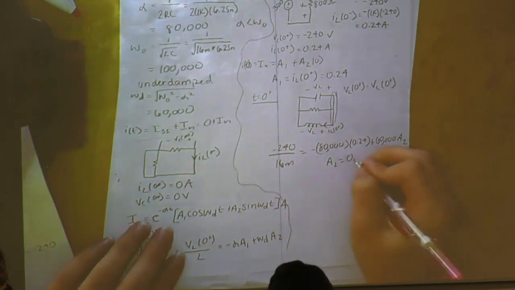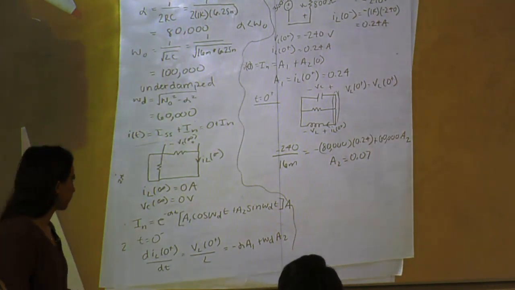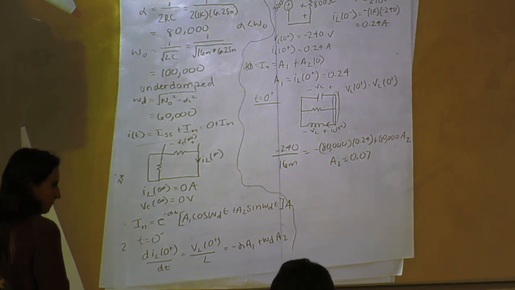I have a question again. I don't know if I made this being silly and forgot, but on the bottom left of your paper, you said that dIL over dt is VL of 0 plus over L. How did you determine that again?